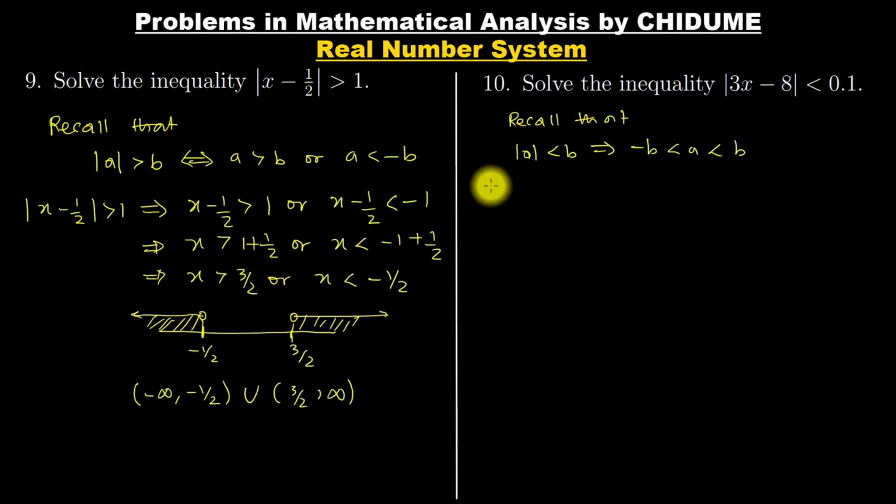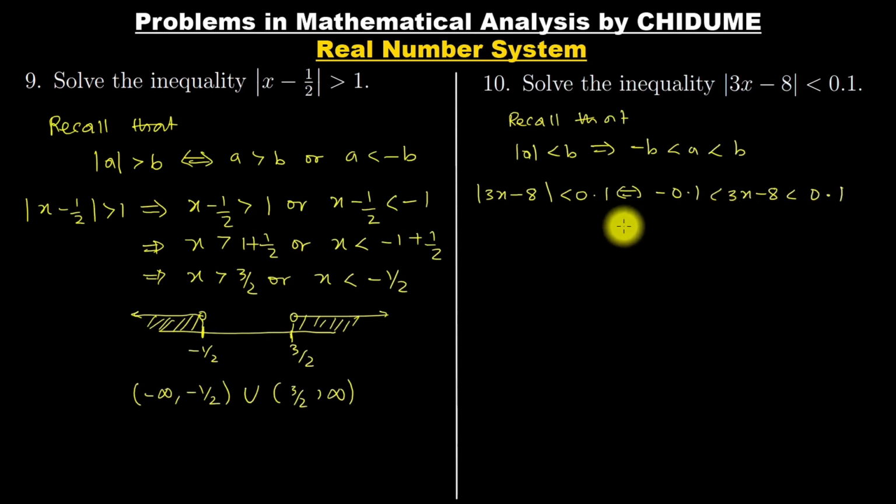So the absolute value of 3x minus 8 is less than 0.1 if and only if negative 0.1 is less than 3x minus 8, which is also less than 0.1.